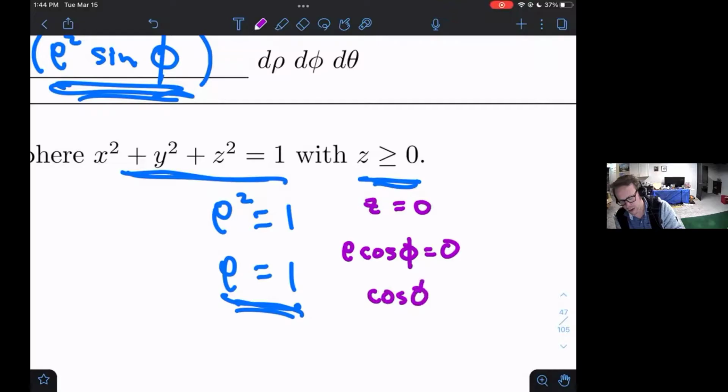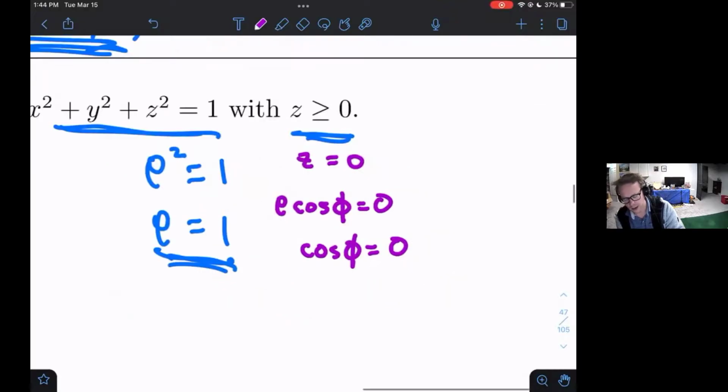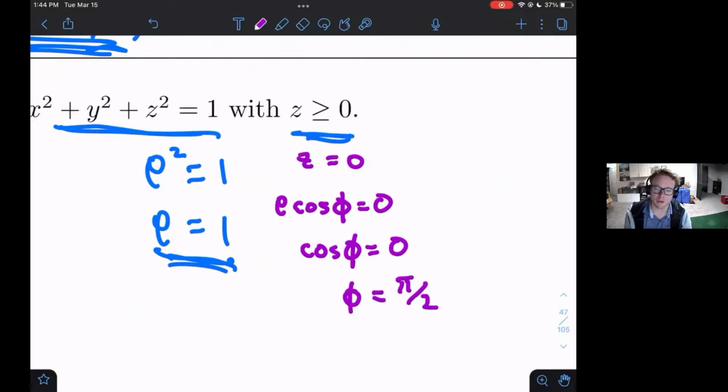That's going to give us cosine of phi is equal to 0. And that tells us algebraically that phi is equal to pi over 2. So this is where phi equals pi over 2 shows up in the equation. You can either think of it graphically and draw a picture and reason that way, or you can take the equations and work on things algebraically and come up with the results that way. So you see the rho equals 1 and the phi equals pi over 2 showing up in the bounds.